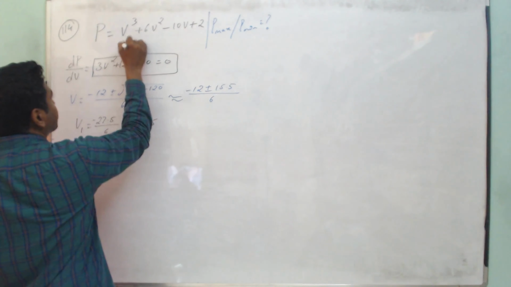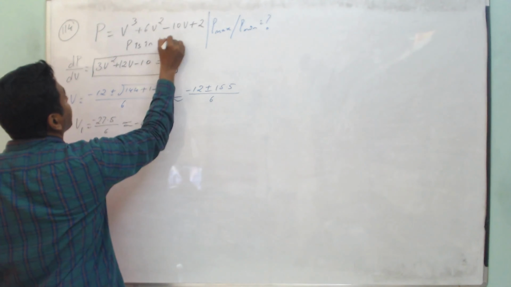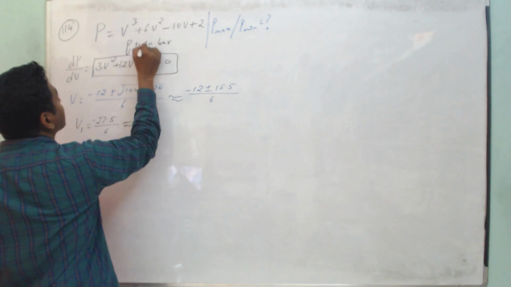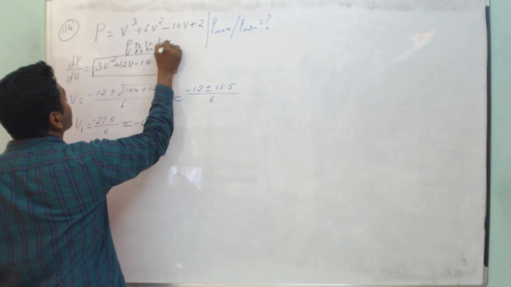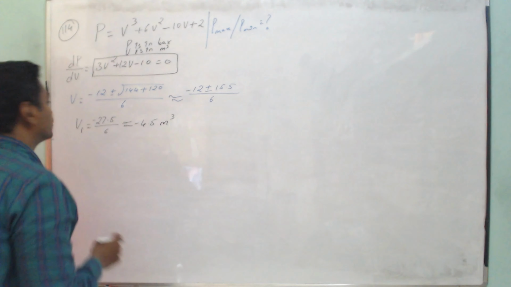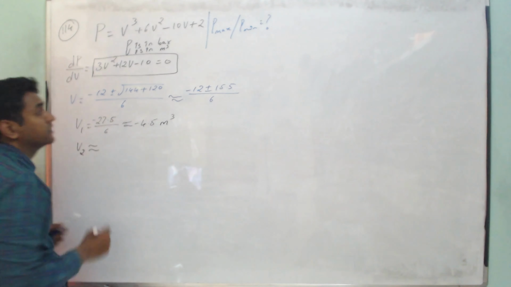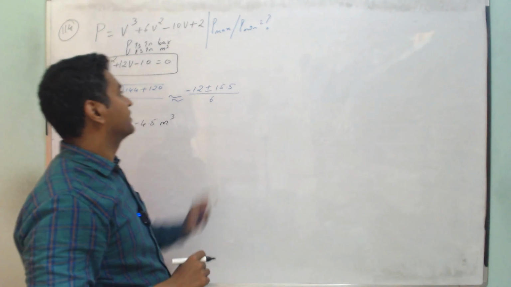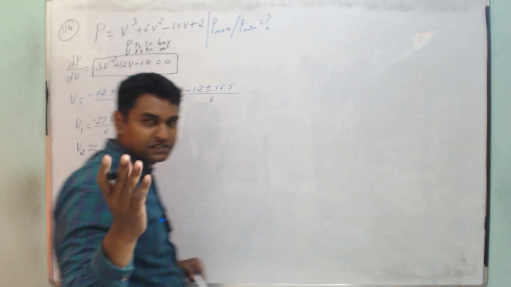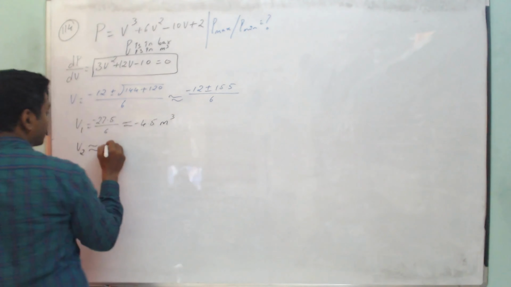We can take pressure is in bar and volume is in meter cube. So this I will write as meter cube. Similarly, my V2 is going to be approximately 3.5 divided by 6. 6 6s are 36. So we can approximate it to 0.6, right?